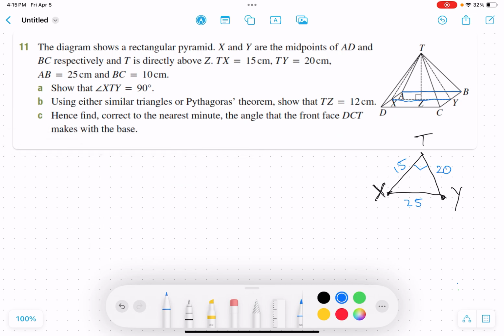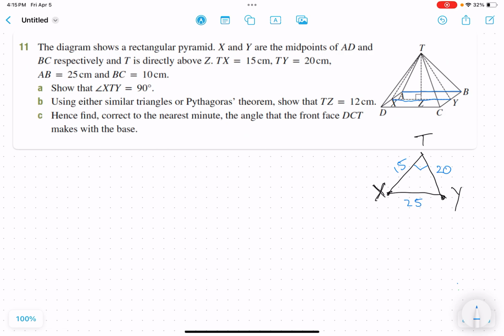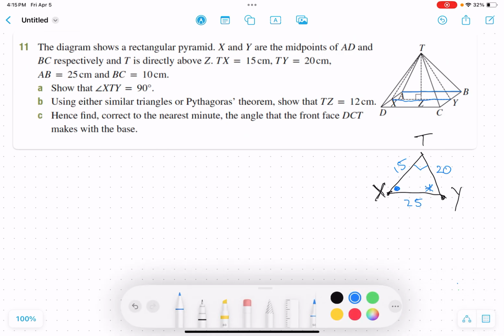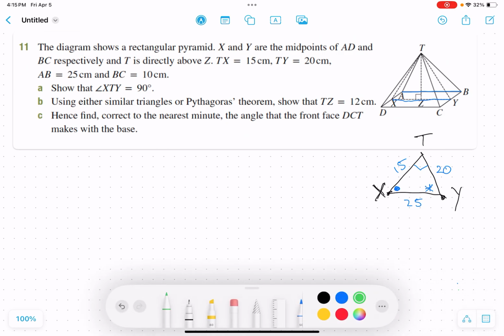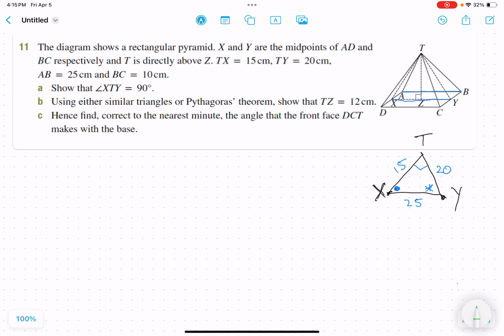At the moment I've got this right-angled triangle, and I'm going to put a little dot angle here and a star here. There are my three different angles. Now if I drop a 90 degrees down here, which is what it's telling me to do because I'm looking at TZ, that makes a right angle there.